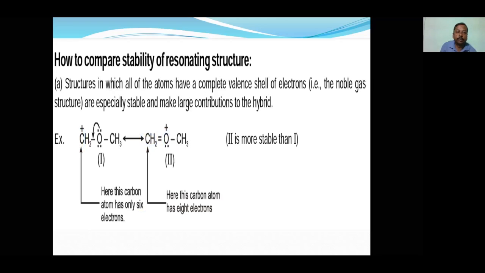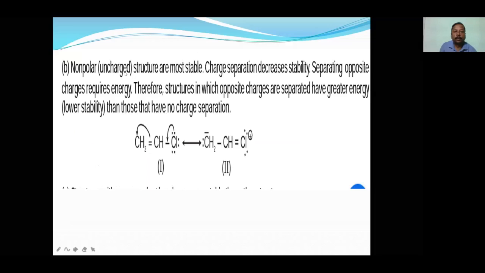Now let's see the next rule. Non-polar or uncharged structures are more stable. Sometimes all have an octet, so there is no problem there. But still, this molecule does not have any charge, and here charge is there. In that condition, the uncharged one is more stable.